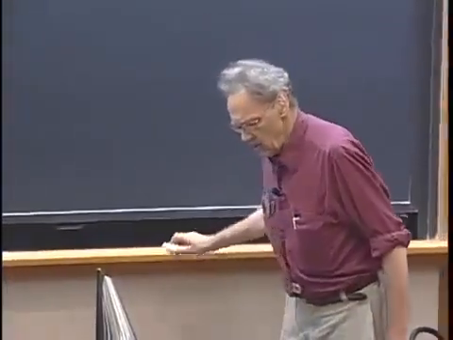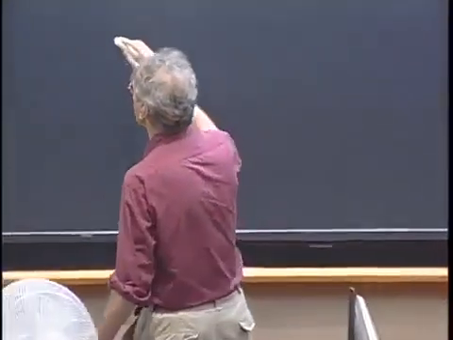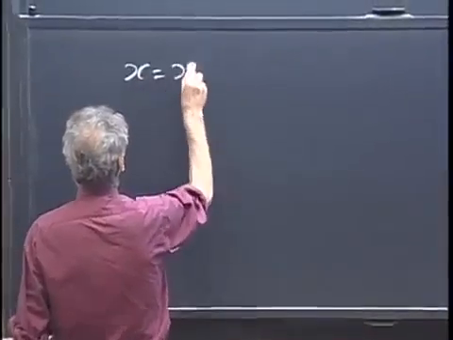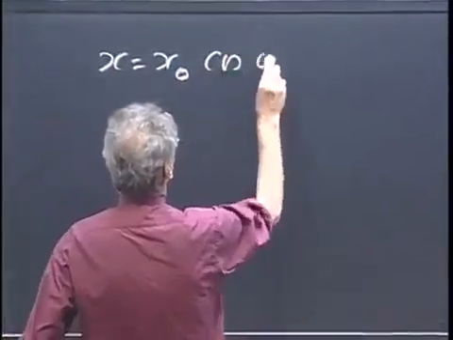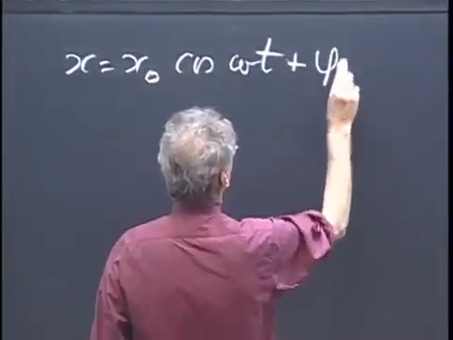Key, absolutely key in this course will be simple harmonic oscillations, because they're extremely common in nature. A simple harmonic oscillation, and you've seen this, of course, in 8.01, can be written as follows: x equals x0 cosine omega t plus phi.